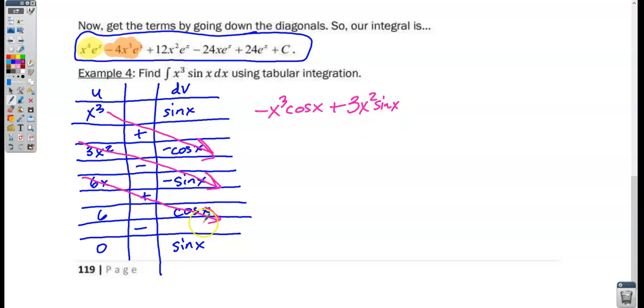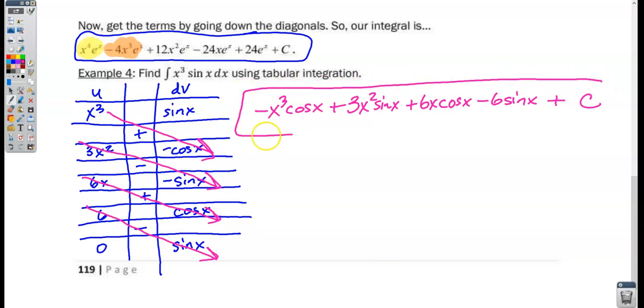Down this diagonal, 6x times a plus sign times the cosine of x. It's plus 6x cosine of x. And then 6 times a minus sign times sine of x, minus 6 sine of x. And last but not least, don't forget your constant of integration. And there's the integral of x to the third sine of x using tabular integration.